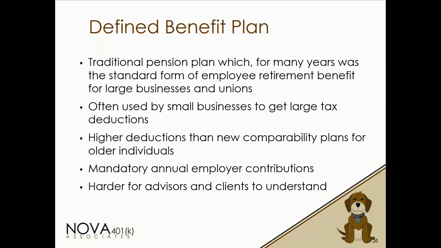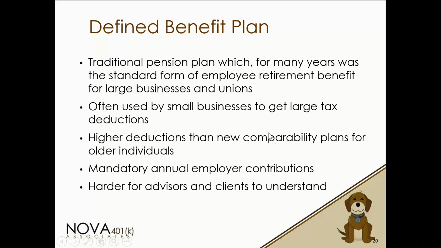But small business owners in particular found that younger employees don't see much value when you give them a statement that shows them they're going to get a $4,500 a month annuity in 2042. It just doesn't resonate with them. So the cash balance plan, which shows everybody their benefit in terms of a current balance, gets a lot more appreciation and goodwill from their employees.